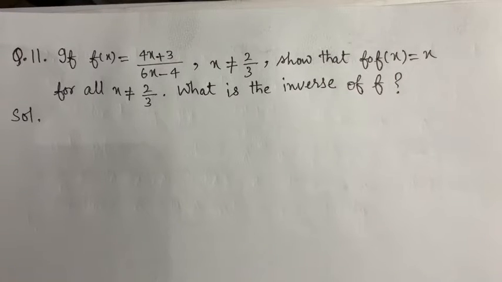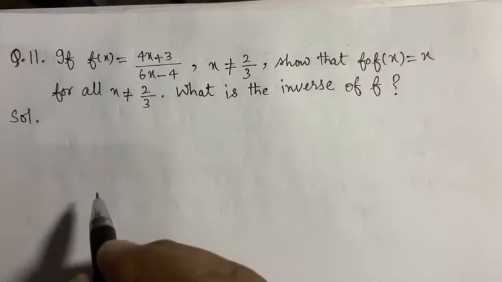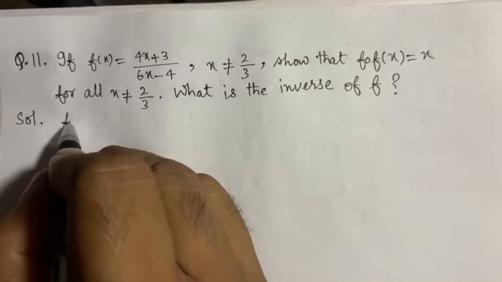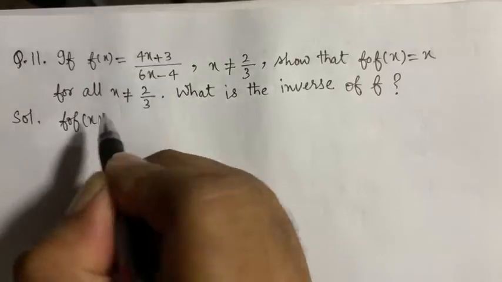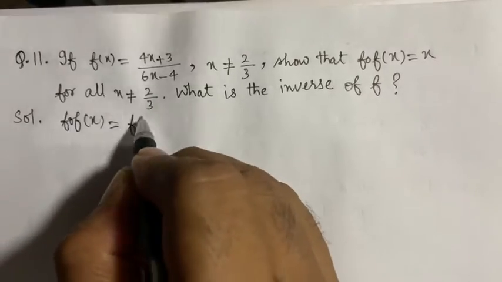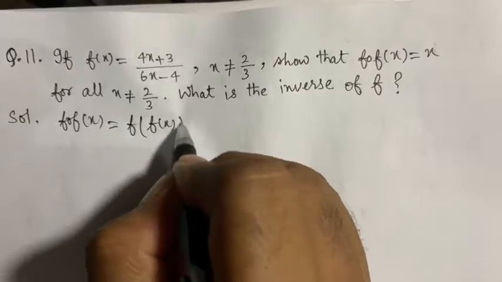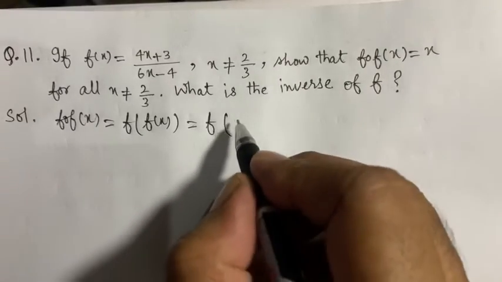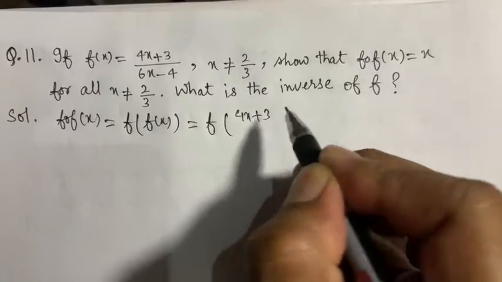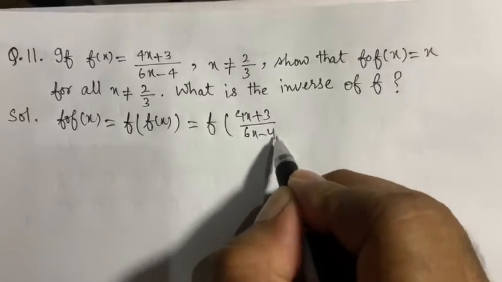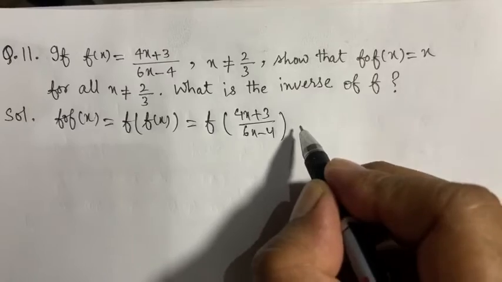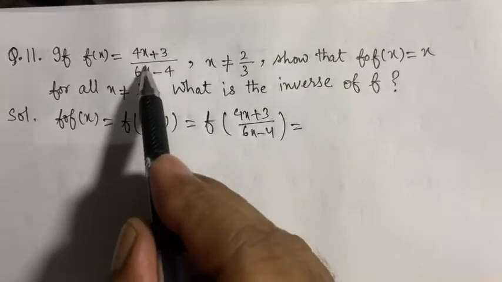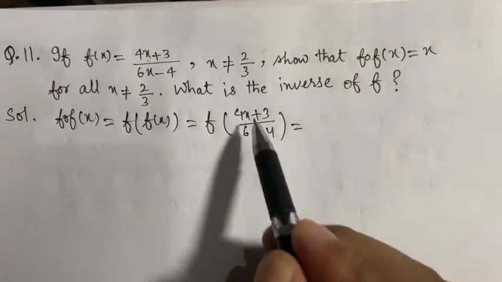Now we need to get what? f of f of x. Let us try to get it. To get it, f(x) we write like this: f(x) is (4x plus 3) upon (6x minus 4), and we need to replace this x by this whole thing.